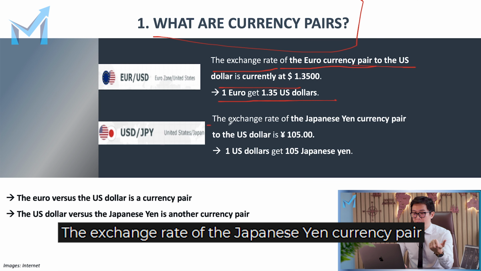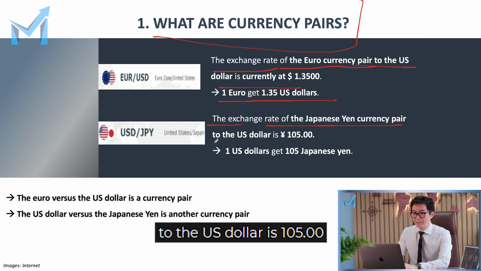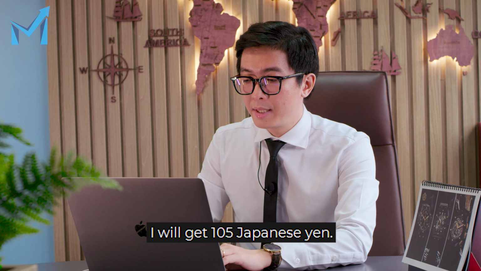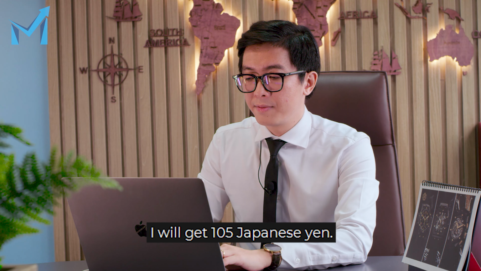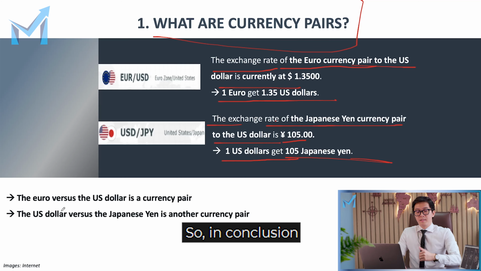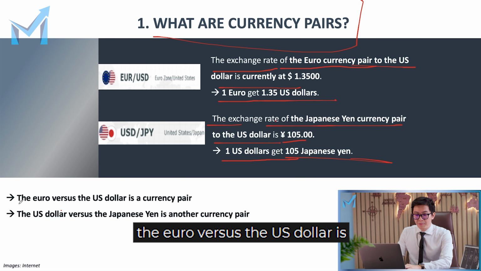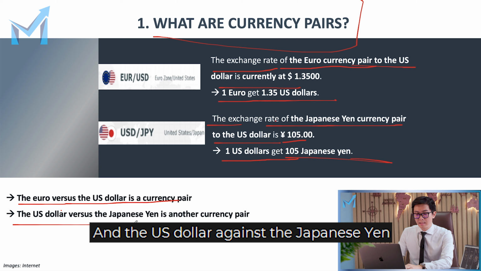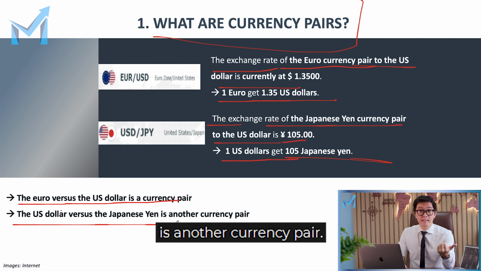Another example, the exchange rate of the US dollar to the Japanese yen is 105. So if I have 1 US dollar, I will get 105 yen. In conclusion, the euro versus the US dollar is one currency pair, and the US dollar against the Japanese yen is another currency pair.